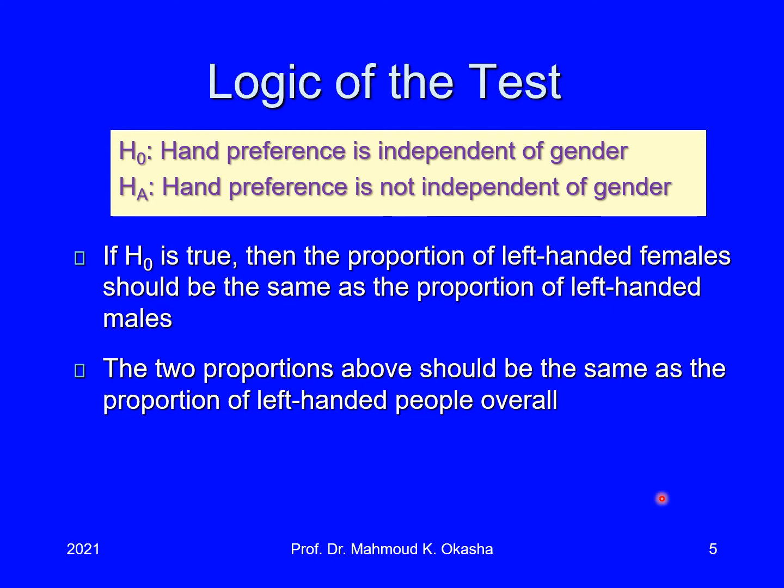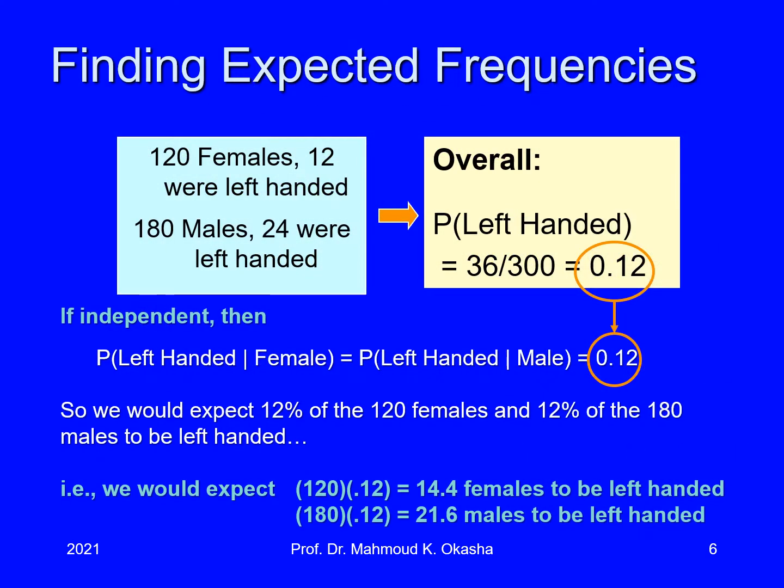Then the two proportions would be the same as the proportion of left-handed people overall. Right? So that's the philosophy of the test, but we do not always need to follow these steps of calculation of the expected values. We want to calculate the expected values under the null hypothesis, but just to understand the basics or the philosophy of the test, we explain it like that.